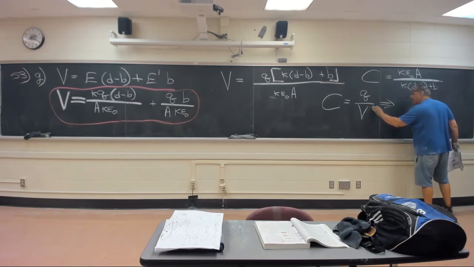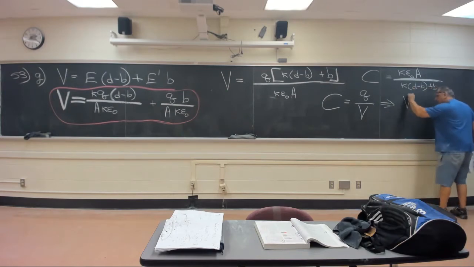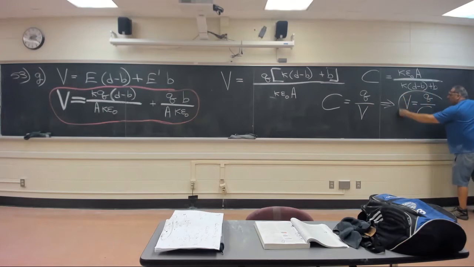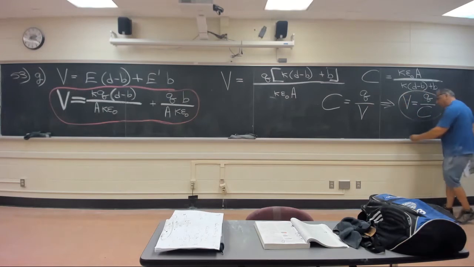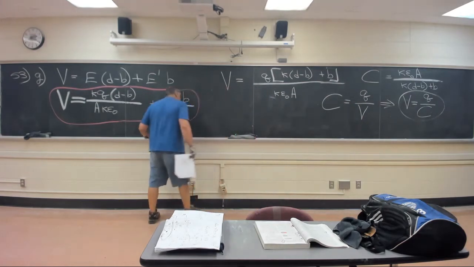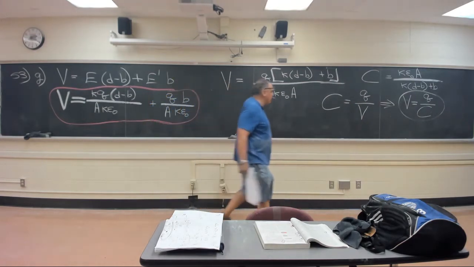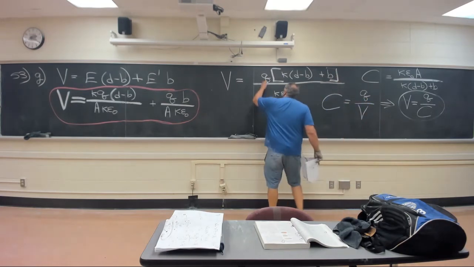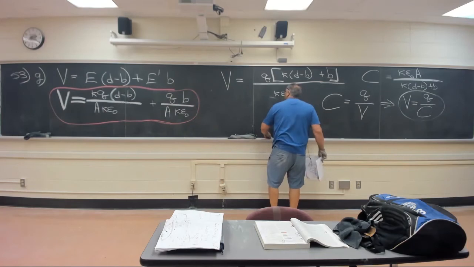If you multiply by V on each side and divide by C, you got this. Really? Yeah, I think you know where I'm going. You probably knew where I was going quite a while ago, but let's all see where I'm going right now. This is the answer, and we're going to confirm it's the answer.